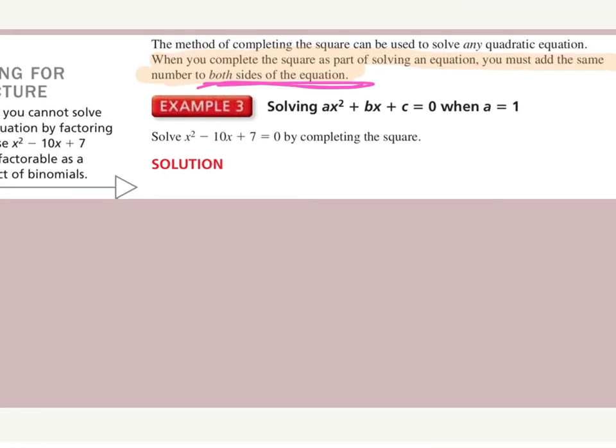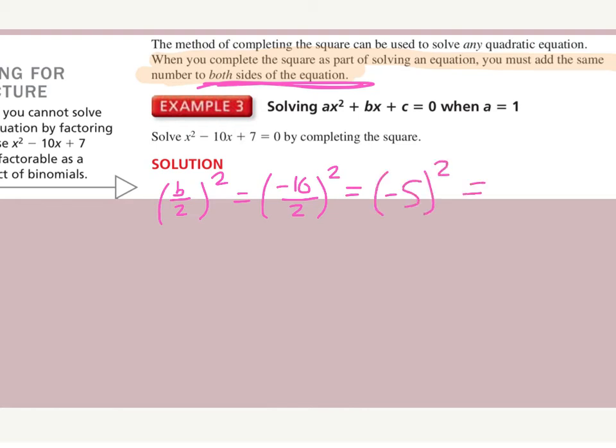So we're doing the same thing. Solve x squared minus 10x plus 7 is equal to 0 by completing the square. So how do we find that number that will help us complete the square? What was that little thing that we did? b over 2 squared. What's our b here? Negative 10. What is negative 10 over 2?